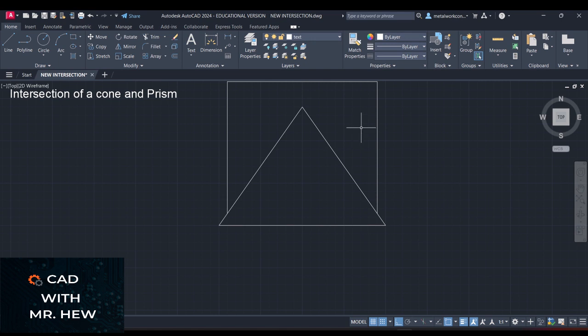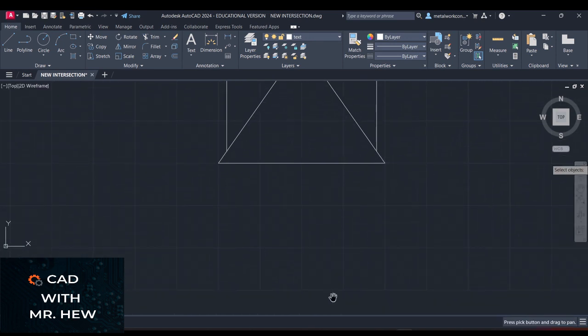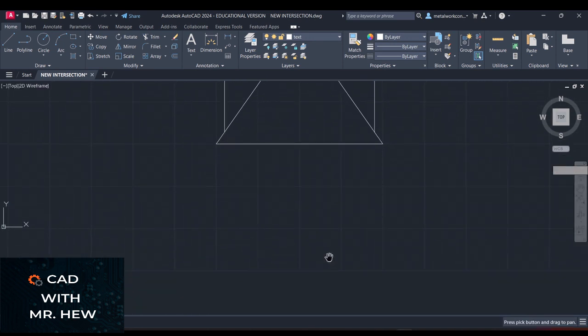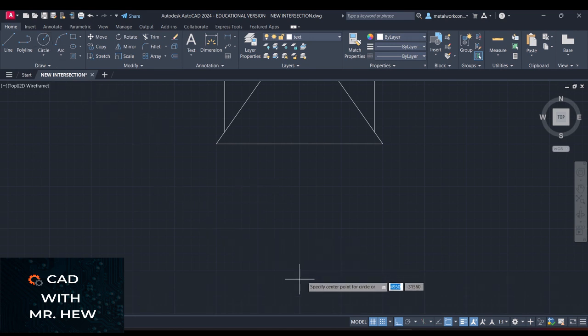Can you guess what shapes I would see in the plan? I'm going to give you 33 seconds and then you come back. Make sure you come back because I'll be waiting on you. All right, so we're going to see a circle in the plan.